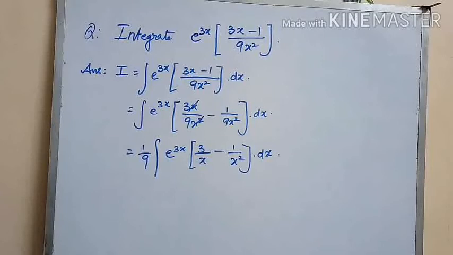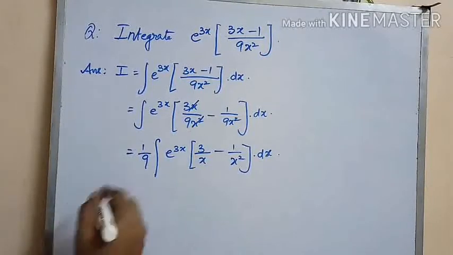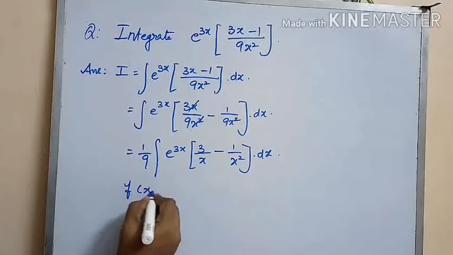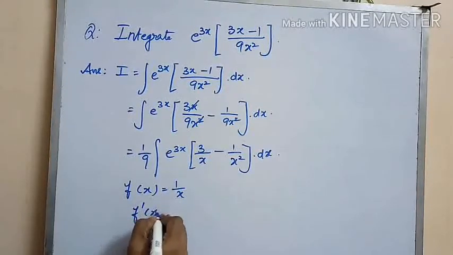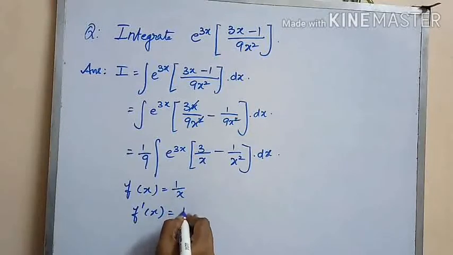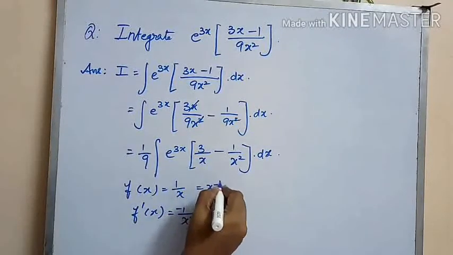Here f of x is equal to 1 by x, so f dash of x is equal to minus 1 by x squared into dx.